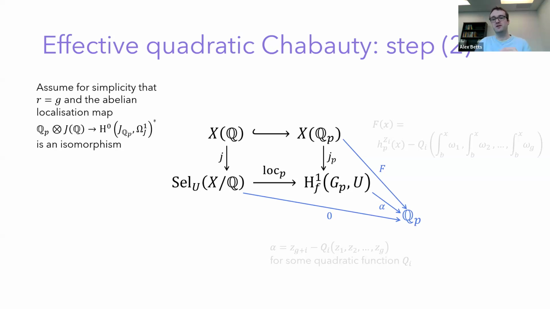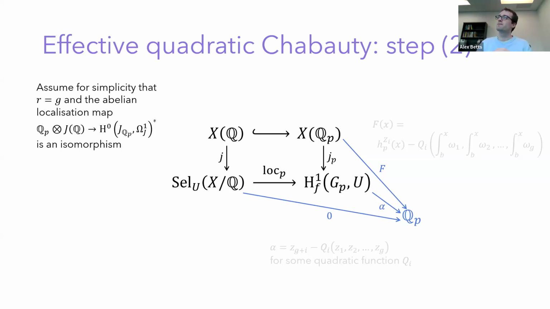But in this context, what that's saying is that, in this bottom arrow across the bottom of the square, the first g coordinates of that map give you a linear isomorphism between the global Selmer scheme and Q to the g.